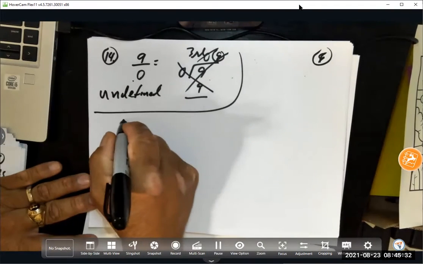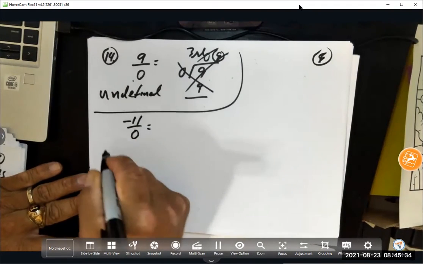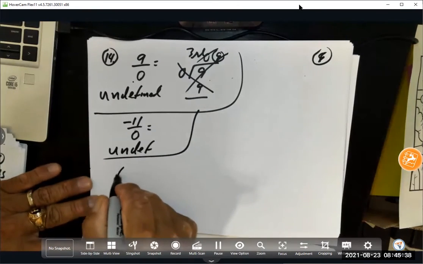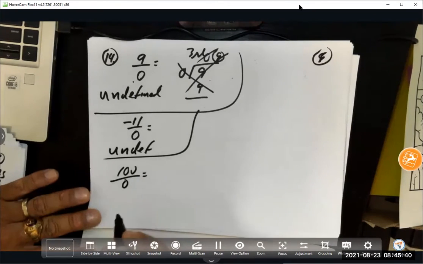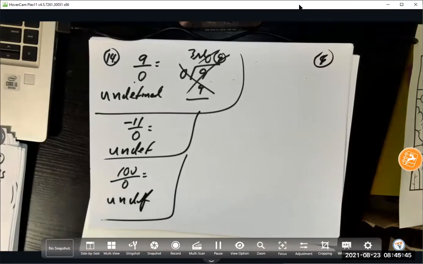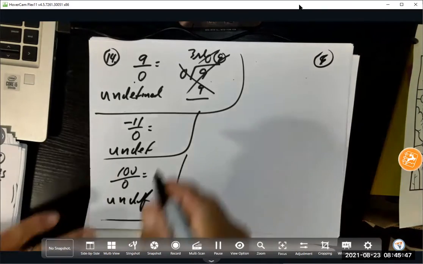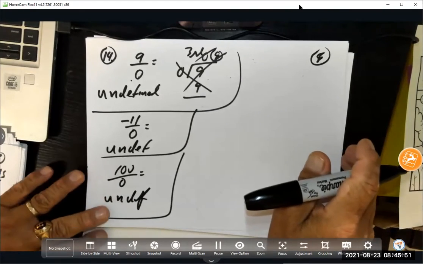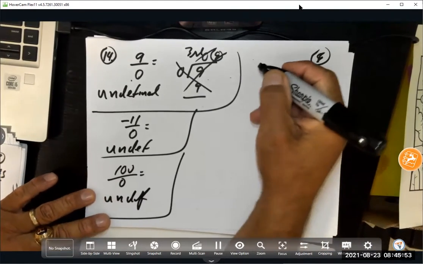Okay, so if I have negative 11 over 0, what are you going to say? Undefined. Okay, if you have 100 over 0, you're going to say what? Undefined. Y'all see that? If 0 is under, it's undefined. You can't do it. It's not possible. Okay, we'll do a couple more like this.